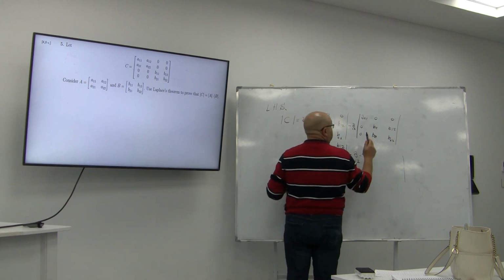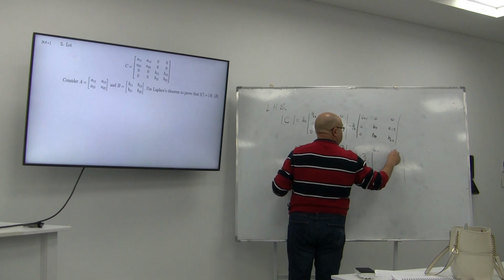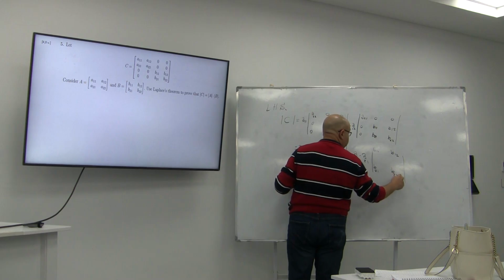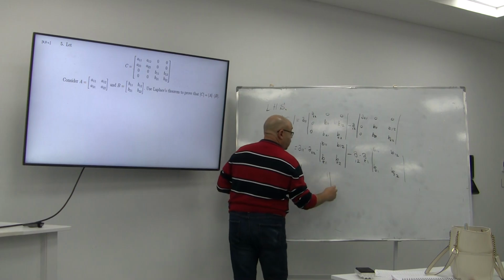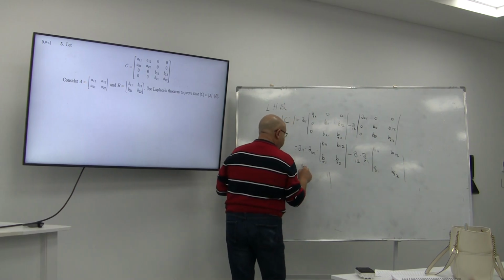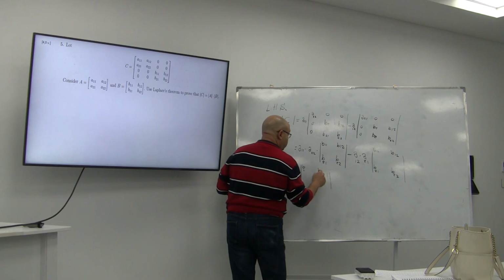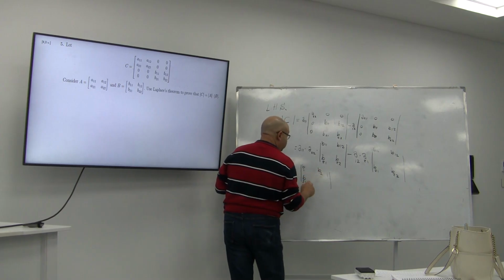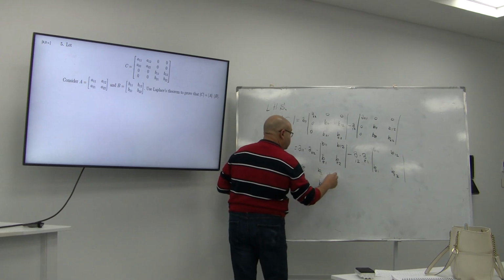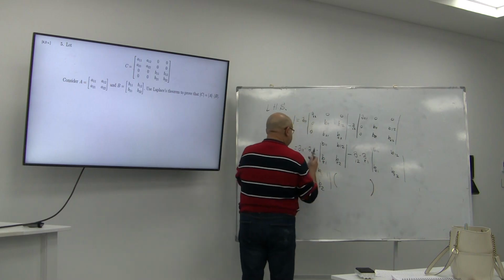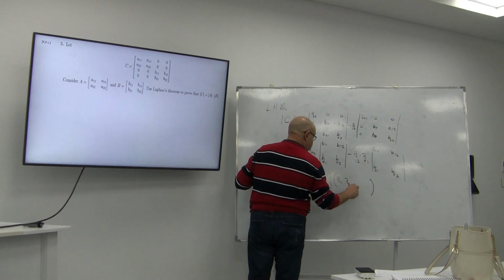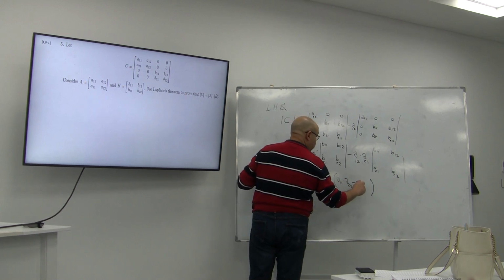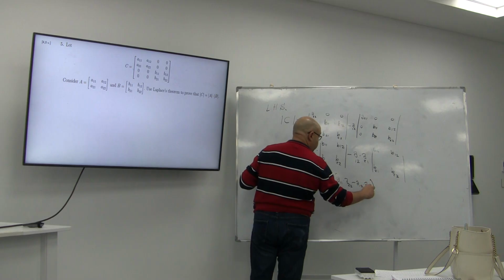After that we have the same B11, B12, B21, B22 determinant, then we can take the common factor from these two values. So the common factor will be A11 times A22 minus A12 times A21.